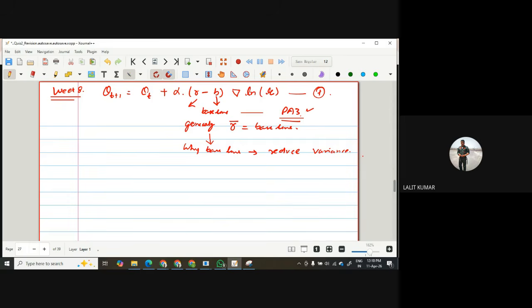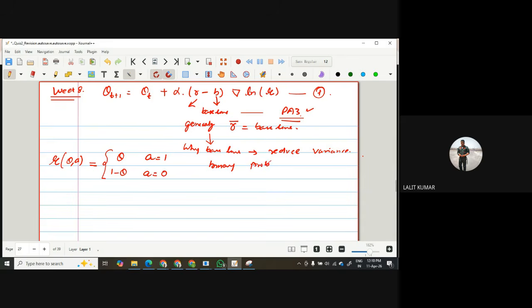Now, we have got 3 cases. In one, pi theta of a is equal to theta if a is equal to 1, and 1 minus theta if a is equal to 0. So this is a binary problem.